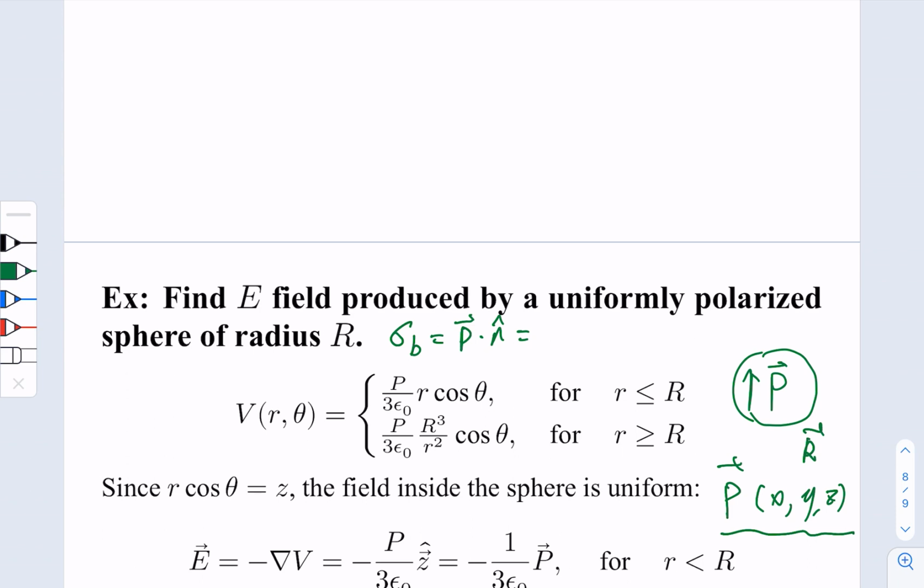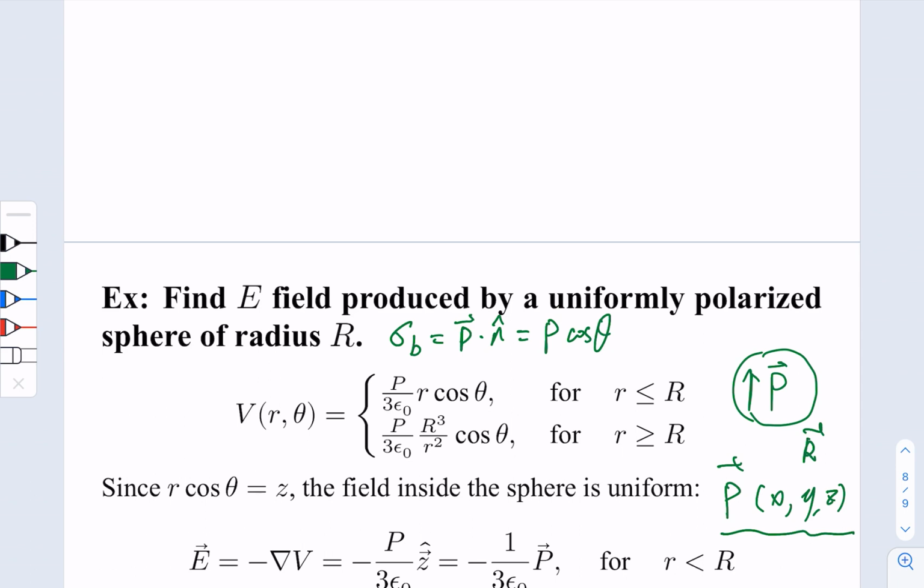Now if we define the center as the origin and write this in spherical coordinates, that will give P cosine theta.